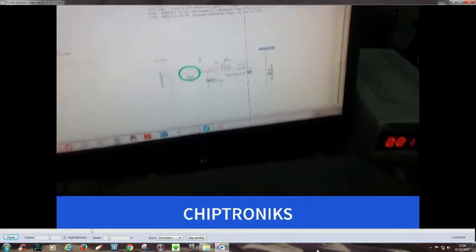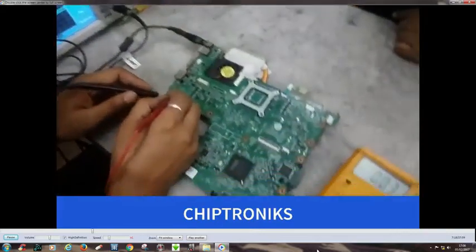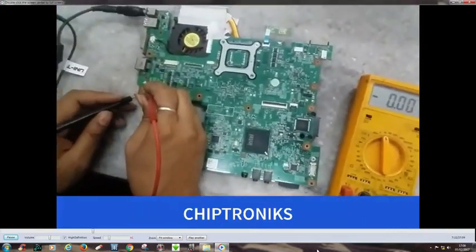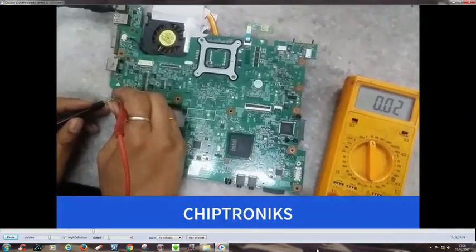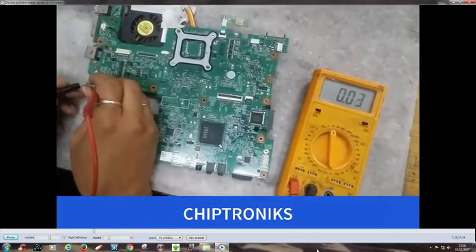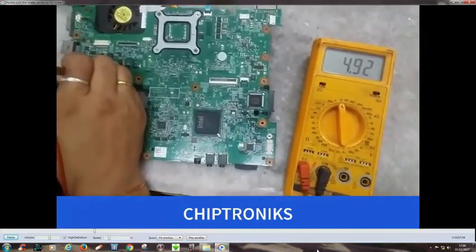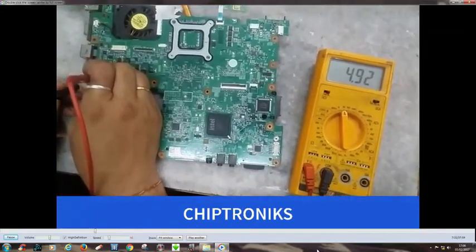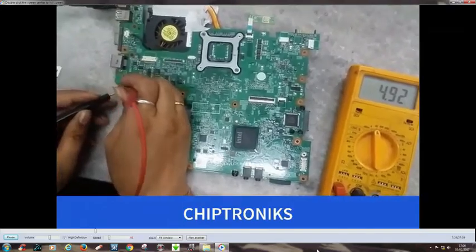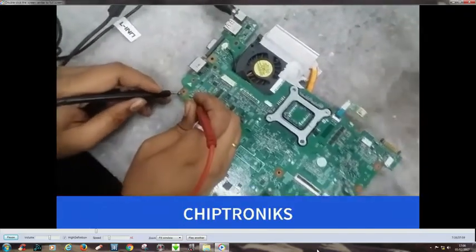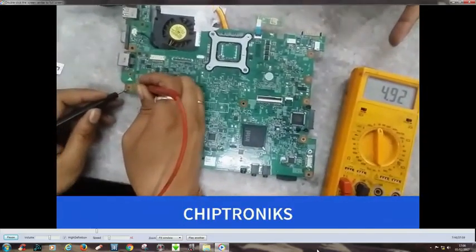Let's check on the multimeter. This is pin number 1, and you can see this is close to 5 volt. And enable, pin number 3, also you can see is 5 volt.